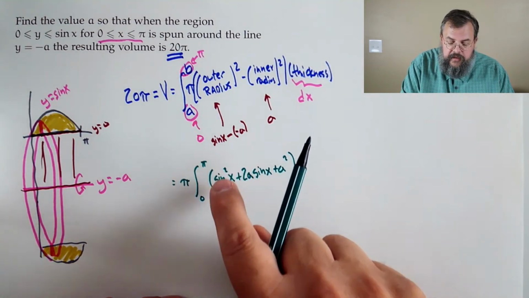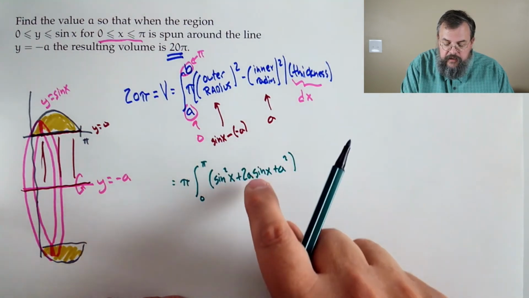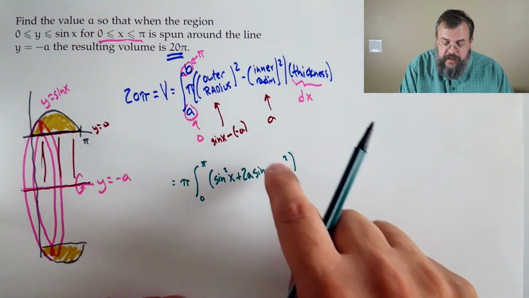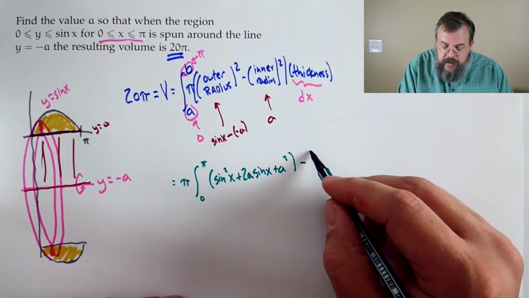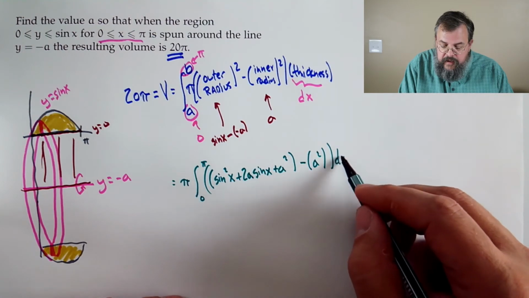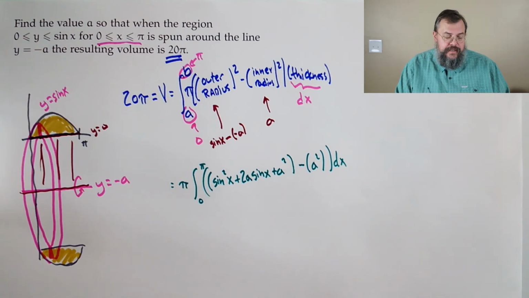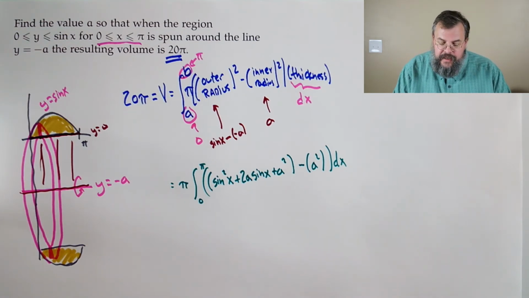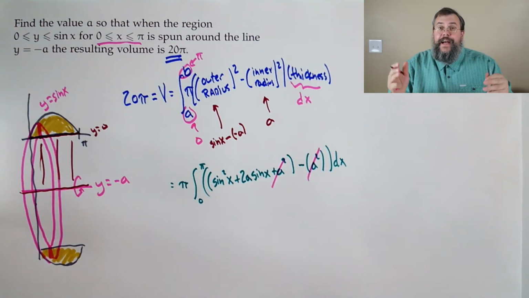So that's sine squared, then 2a sine x, excuse me, cross term, and a squared. All right, minus a squared. Okay, dx. And now something nice happens here. The nice thing is the a squareds cancel. Woohoo!